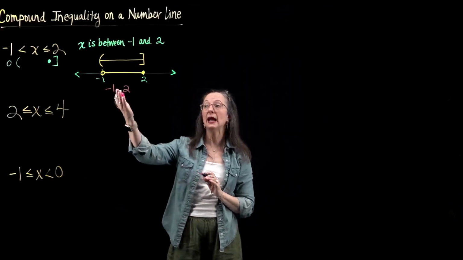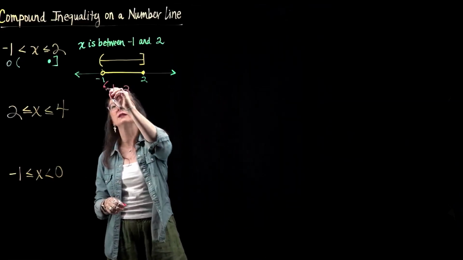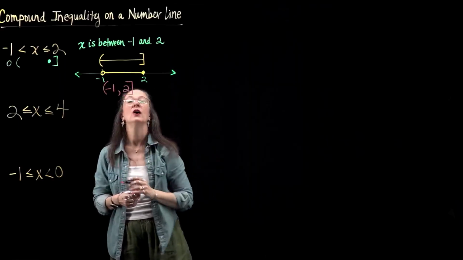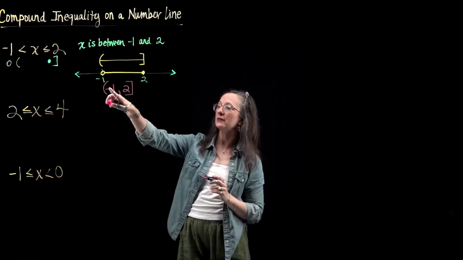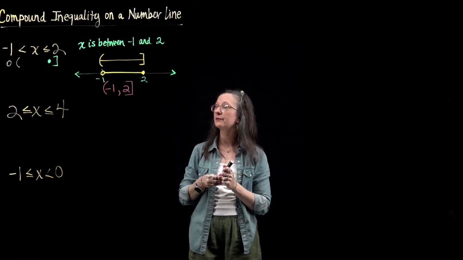So it would go from -1 up to 2. On the -1 side, we would have a parentheses, and on the 2 side, we would have a square bracket. So in interval notation, this would be parentheses -1, comma, 2, square bracket.